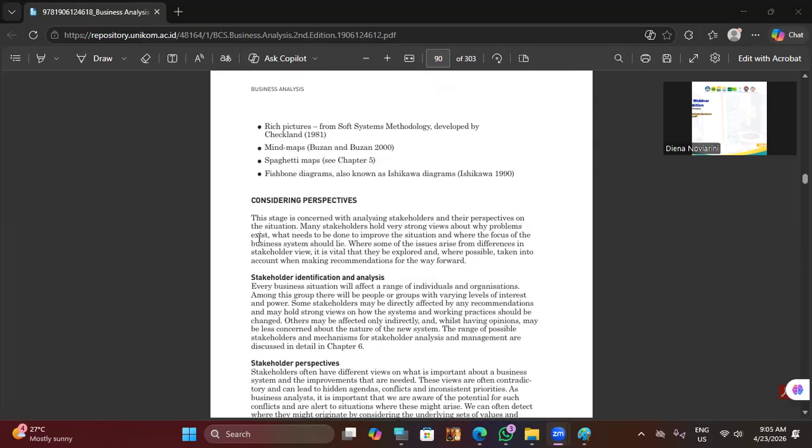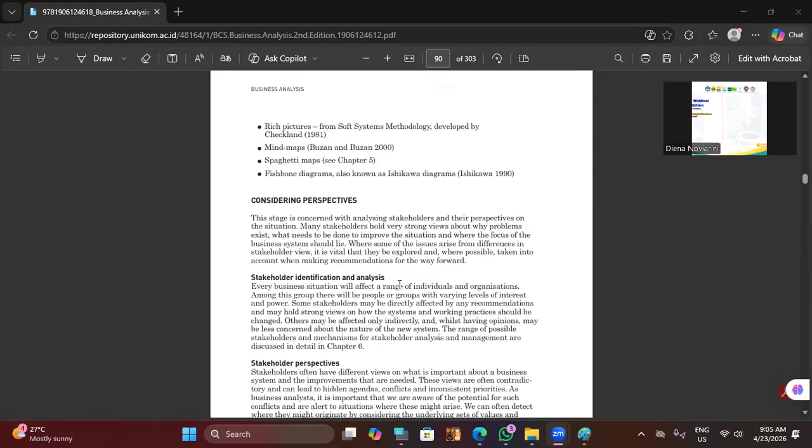Considering perspectives is concerned with analyzing stakeholders and their perspectives on the situation. Many stakeholders hold very strong views about why a problem exists, what needs to be done to improve the situation, and where the focus of the business system should lie.